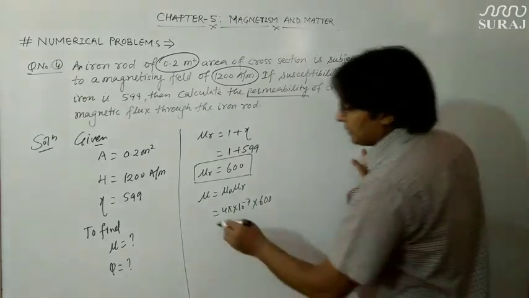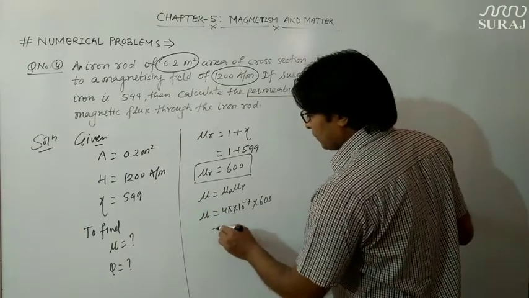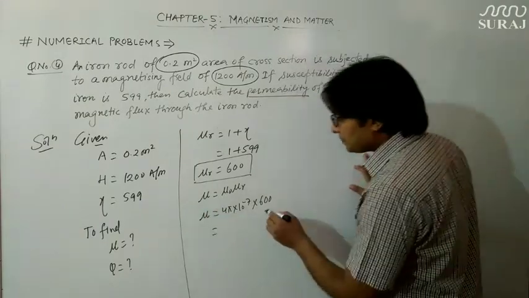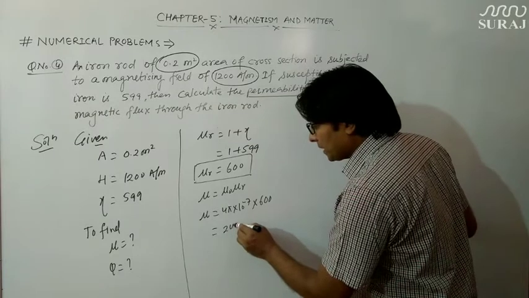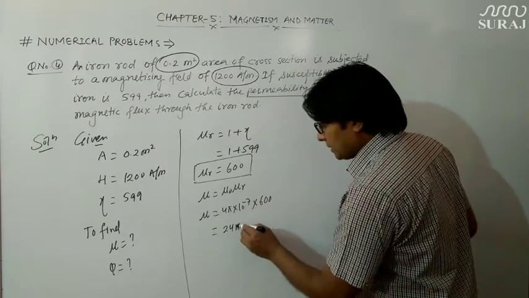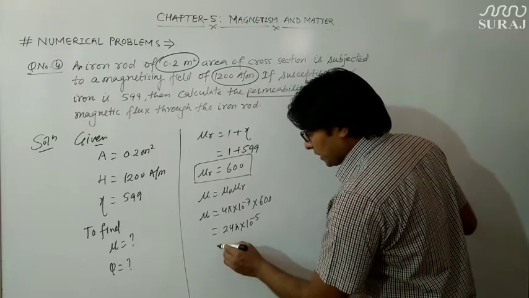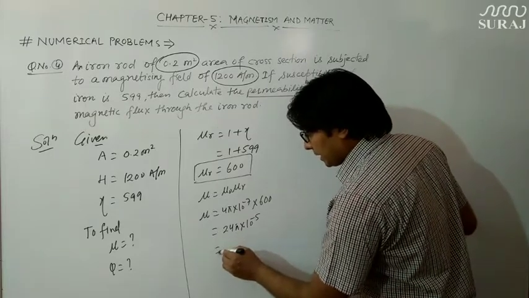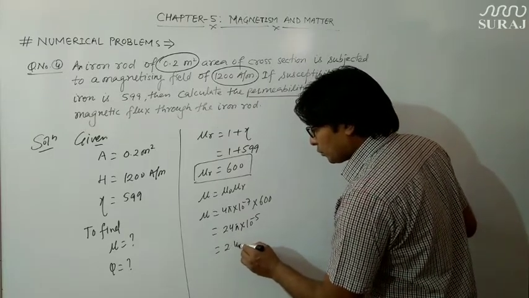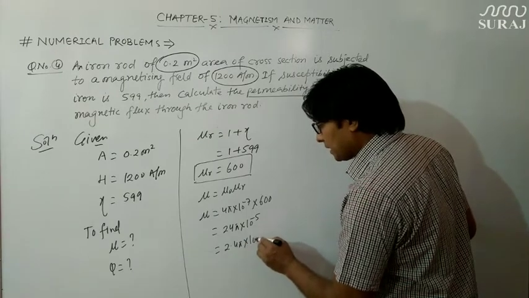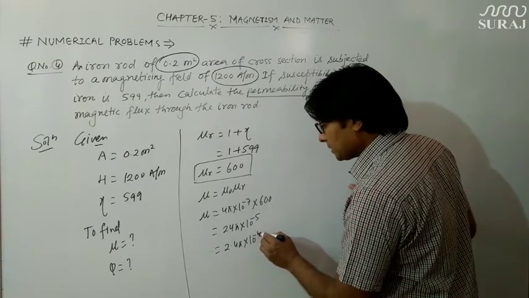So when we calculate this value of mu, it comes out to be 24 pi into 10 minus 5. So we can write down it as 2.4 pi into 10 raised to the power minus 4.